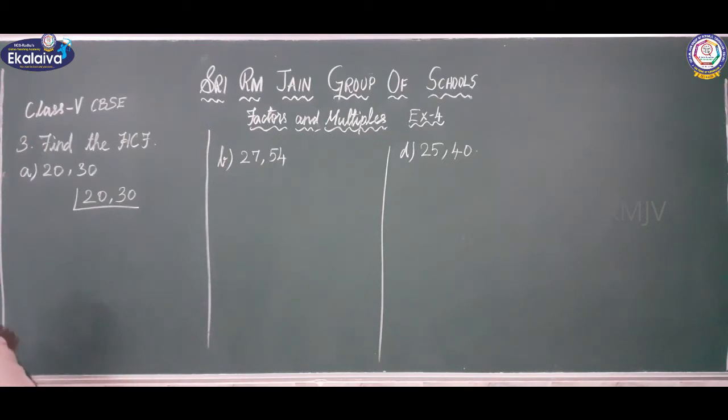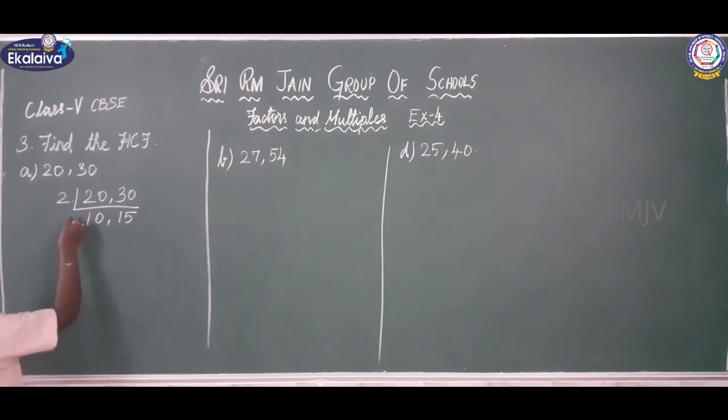Okay, common prime factor. Here 20 and 30 are even numbers. So 2 is the prime factor for both 20 and 30. 20 divided by 2, that is 10, and 30 divided by 2, that is 15. Now we got 10 and 15.